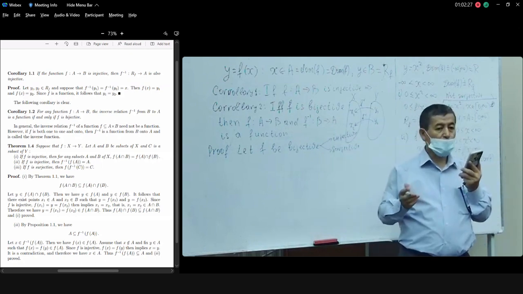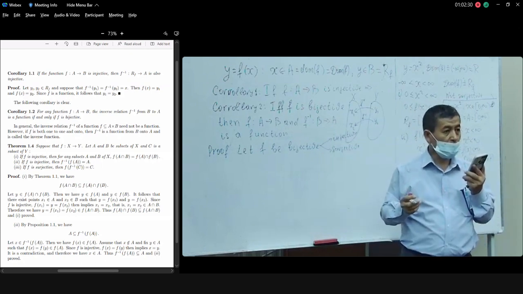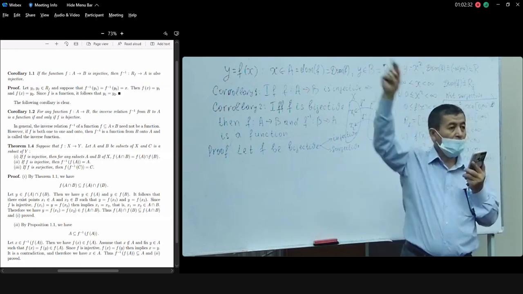What does it mean, the function? Definition of the function. If you remember, on the top there is a definition.